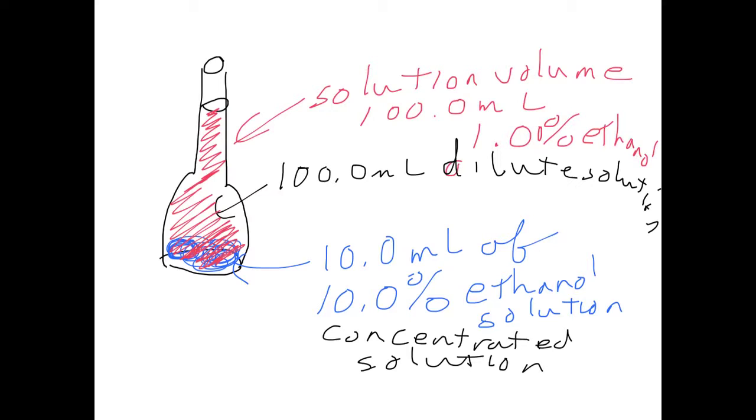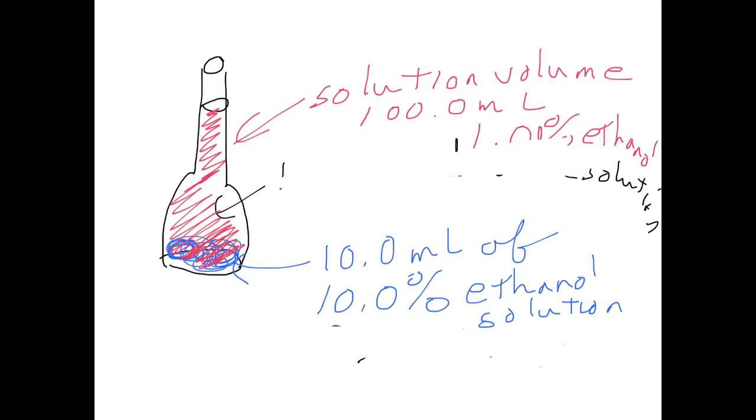So mathematically, what would this formula look like? What did I do in order to do these calculations? Let me clean things up a little bit here. Performing a dilution calculation is really very, very easy.